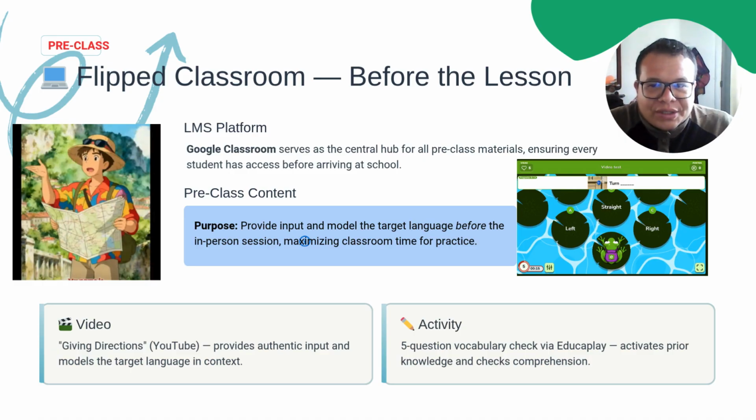Students had to watch a video about giving directions and complete a vocabulary check on EducaPlay. This was a short, interesting game, and this independent work allowed them to arrive at class with the basic vocabulary needed to solve our mission.